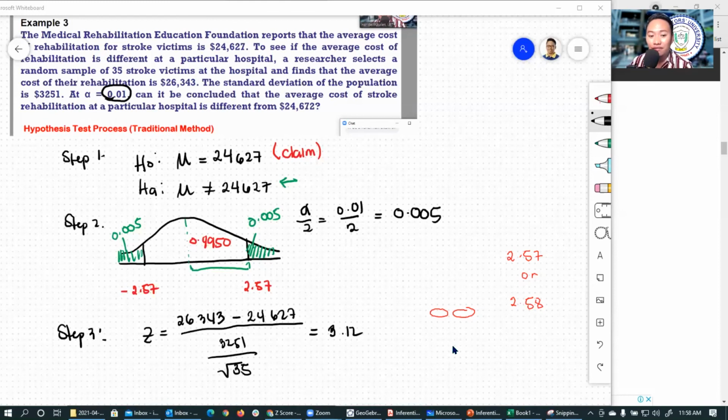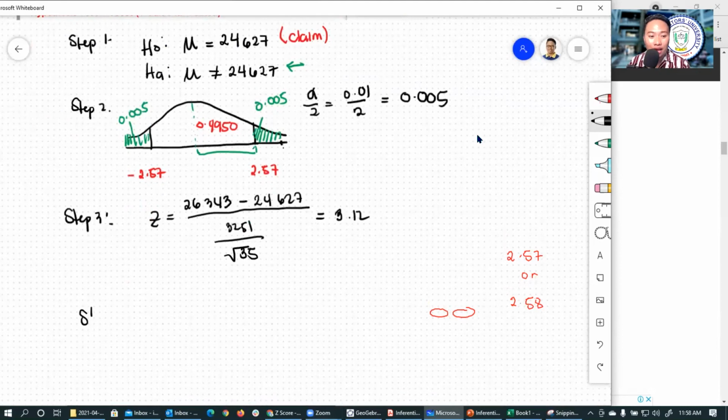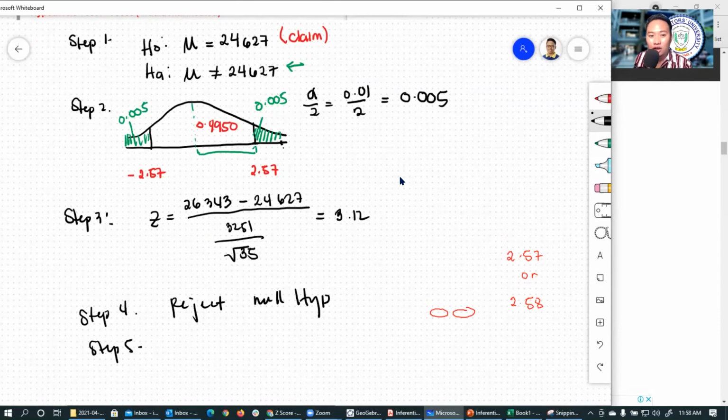Because 3.12 lands somewhere here, meaning you reject the null hypothesis. So step 4: reject the null hypothesis.